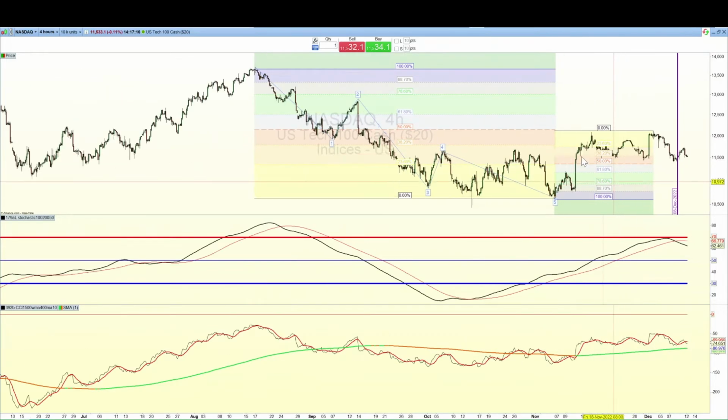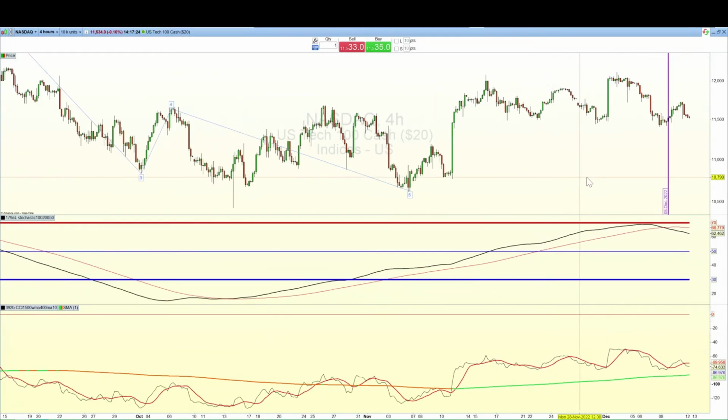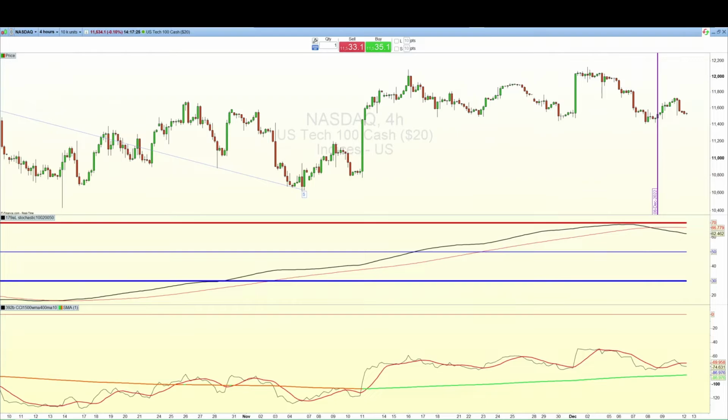Now, to get a better understanding and drill down even further, let me just delete some of these. To drill down even further, we can look at the potential Fibonacci extension if it is going to come back down. Let's draw a Fibonacci extension from that high there to that low.